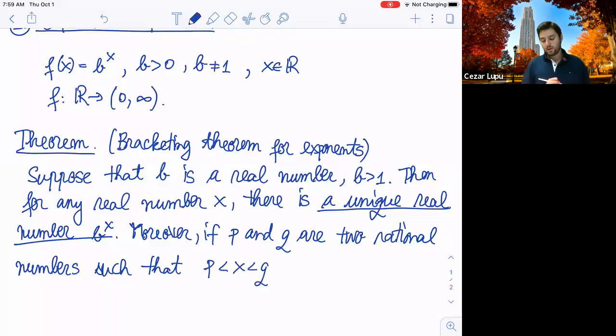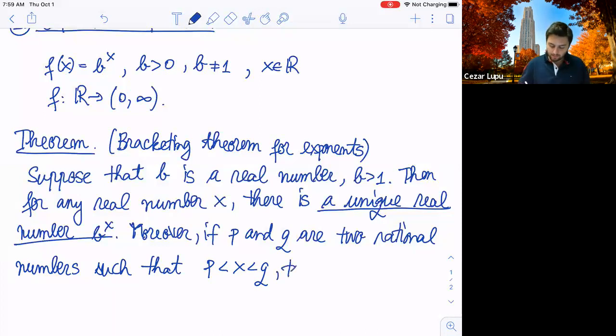By the way, that's q over there, not g. So like I was saying, moreover, if we have these two rational numbers such that x is between them, we have p less than x less than q.